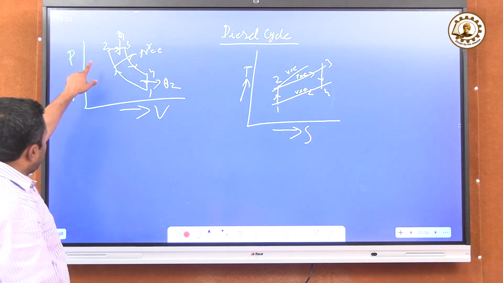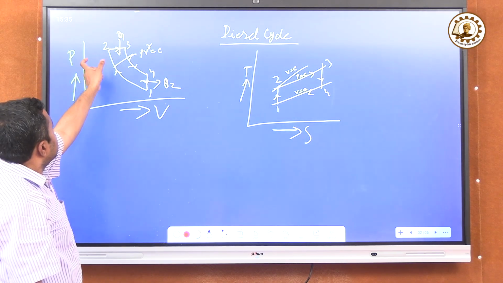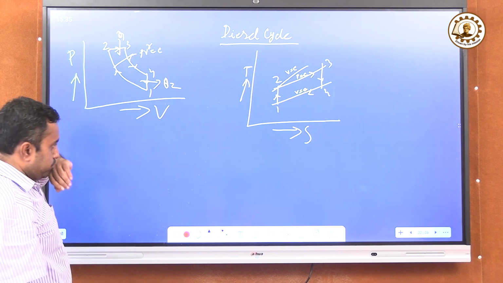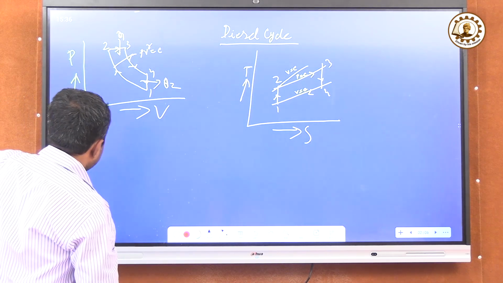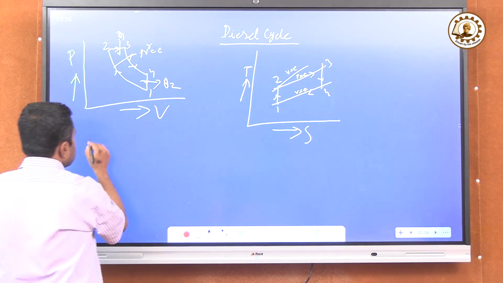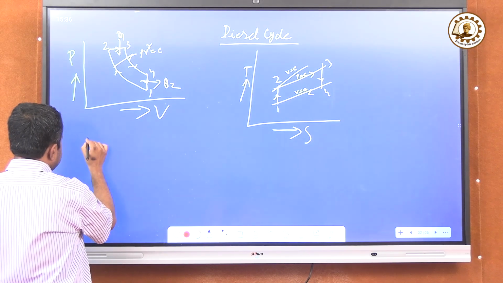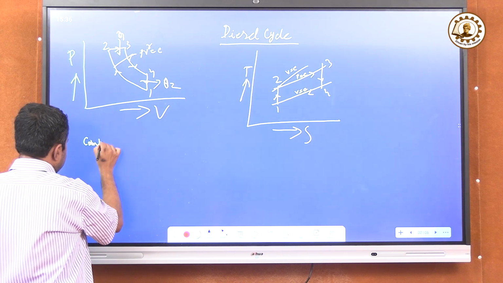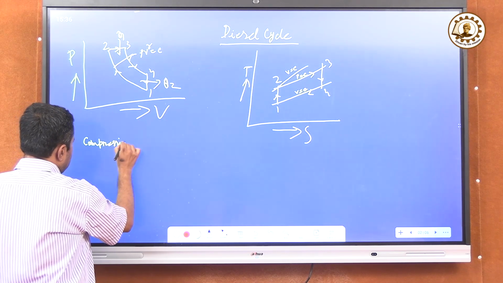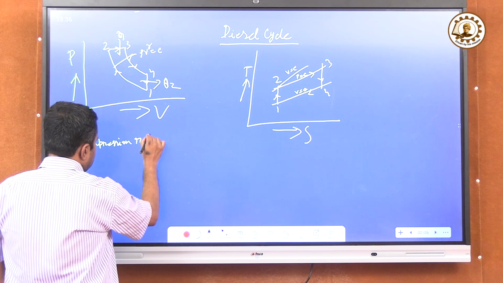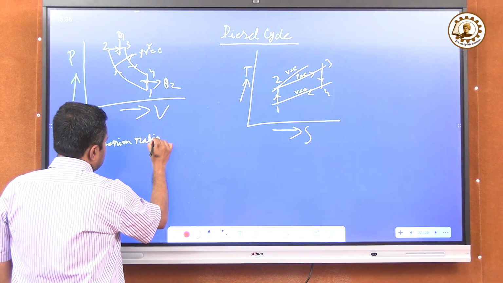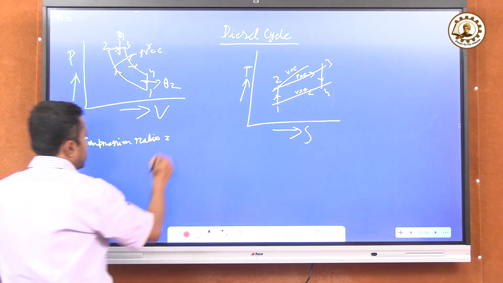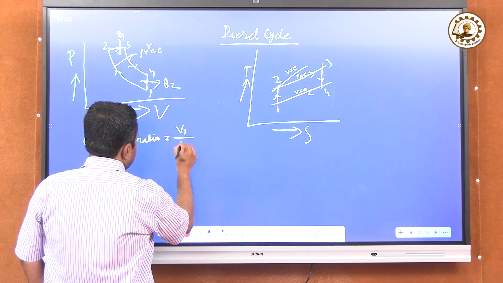You see that when the heat is added, the volume is increased a little bit. So we can write, first for process 1-2, there must be a compression ratio, which is nothing but V1 by V2.